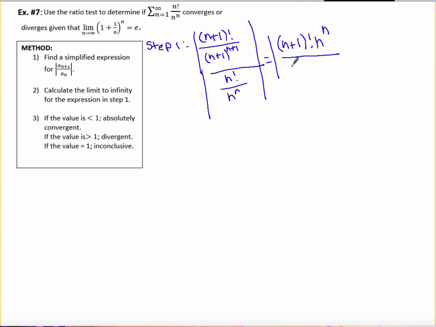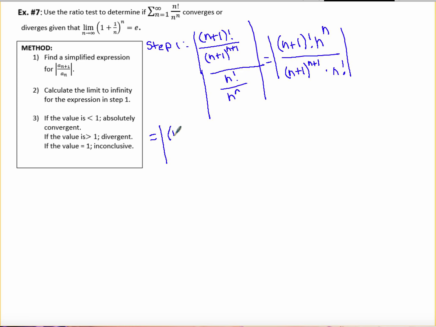All divided by, this will be n plus 1 to the n plus 1 power times n factorial. Okay, I can break apart this exponent a bit and I can try and stretch out my factorials. So let's do that. I like to stretch the factorials out.